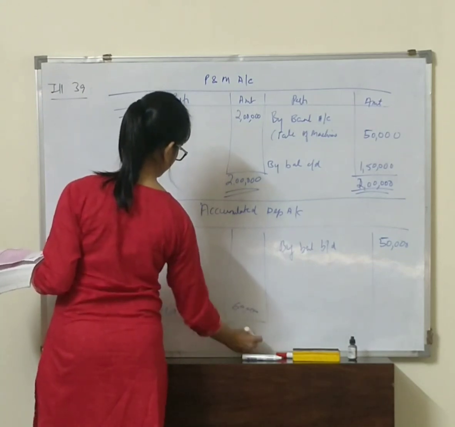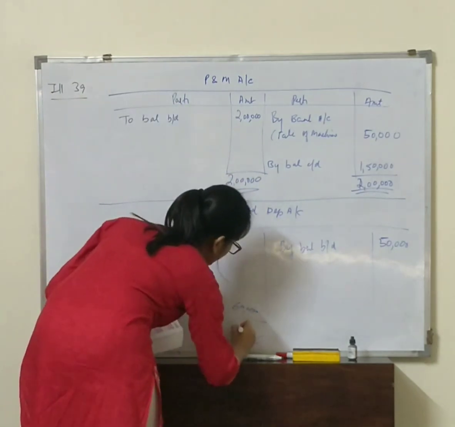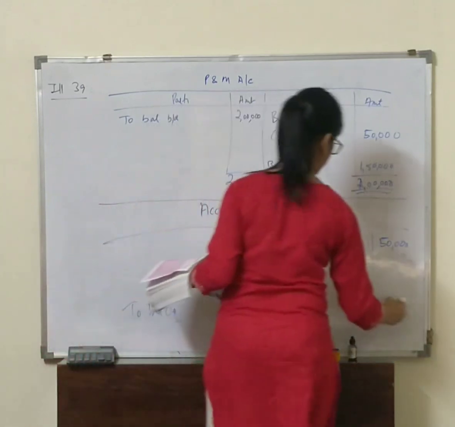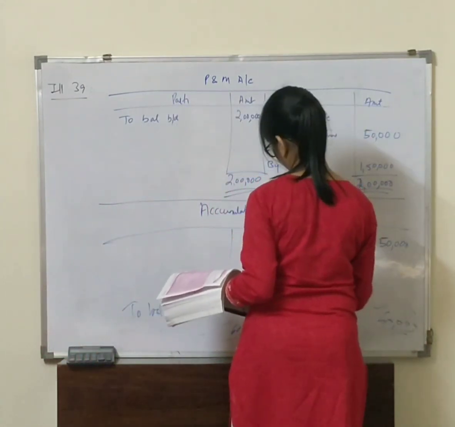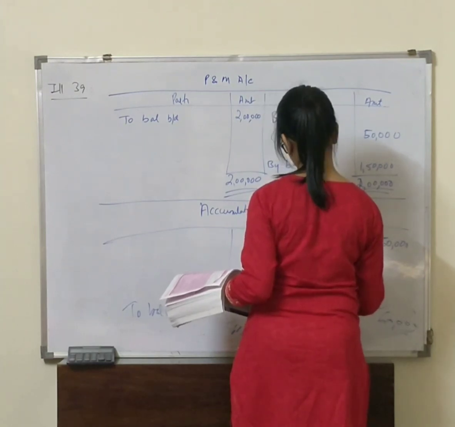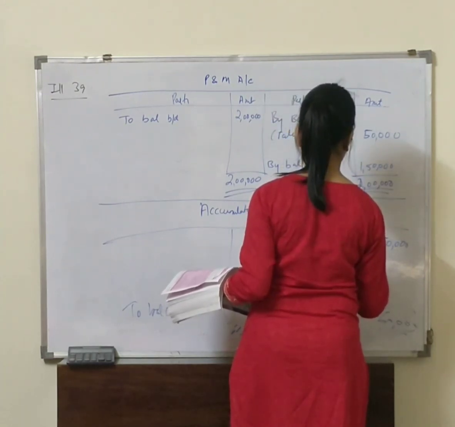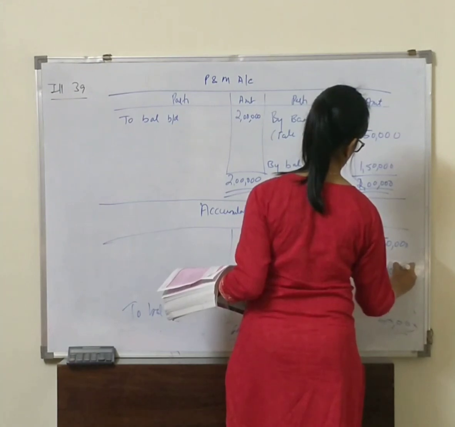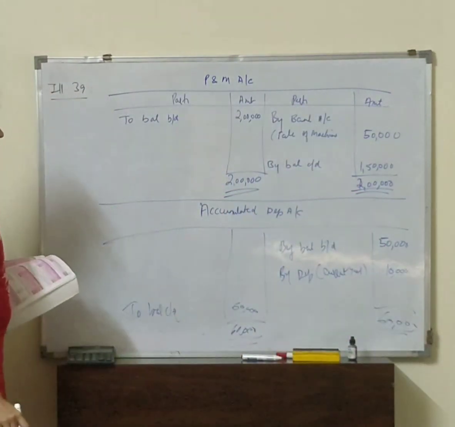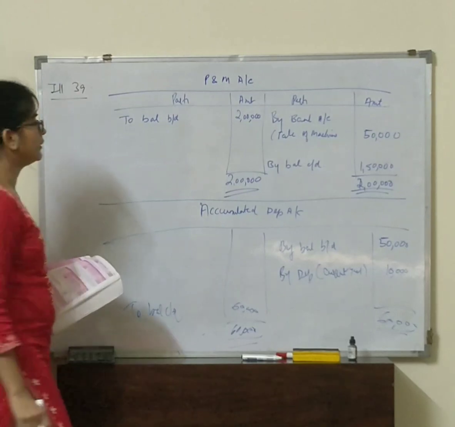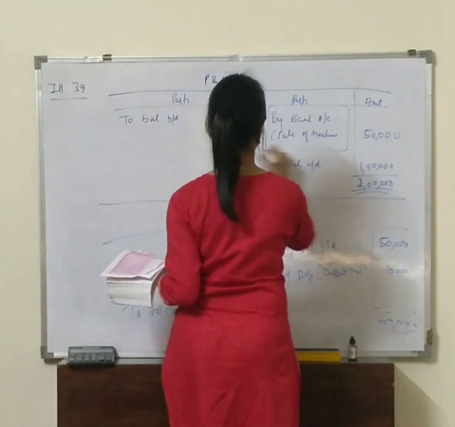So what's the total? Our debit side is more, which is 60,000 and 60,000. So the balancing figure, whatever we get, will be by depreciation. In bracket you will be writing current year 10,000. So this is how we get our current year's depreciation and our sale of machinery.